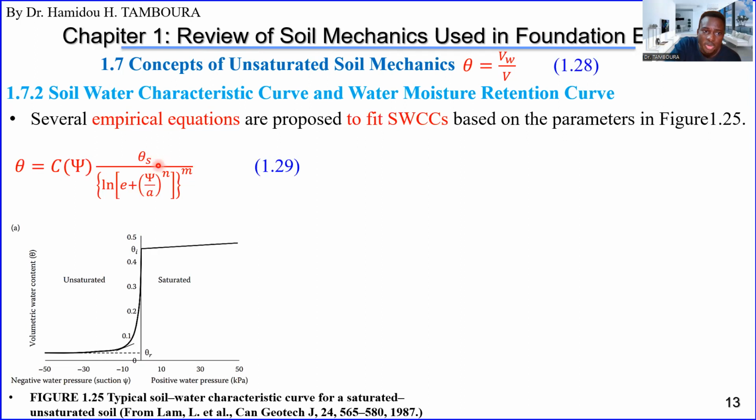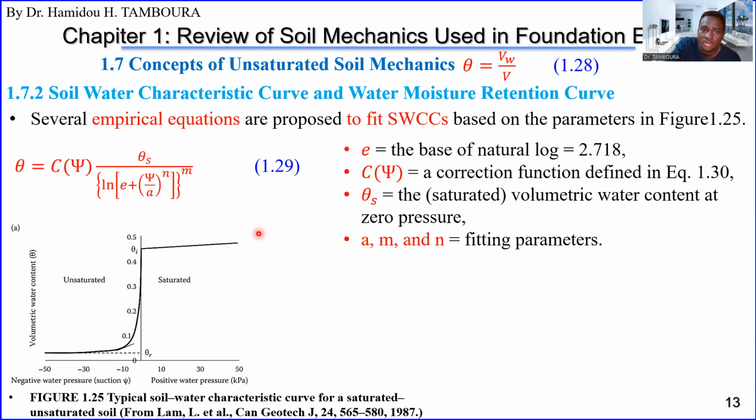In this formula, this e here is not the void ratio actually. This is the base of the natural log. So it is a constant, 2.718, the value of this e here. And this C is the correction function, which is defined in the following equation.